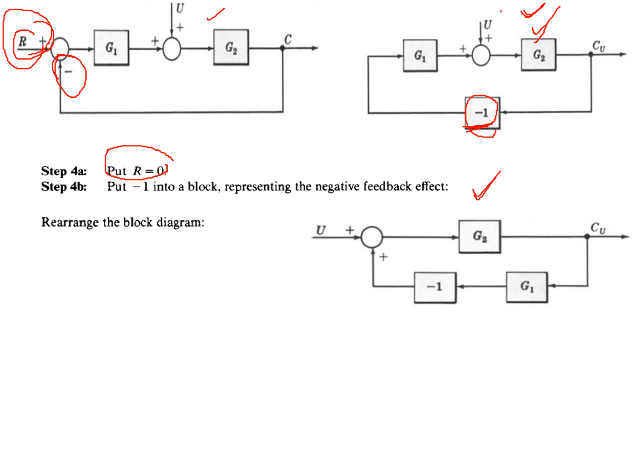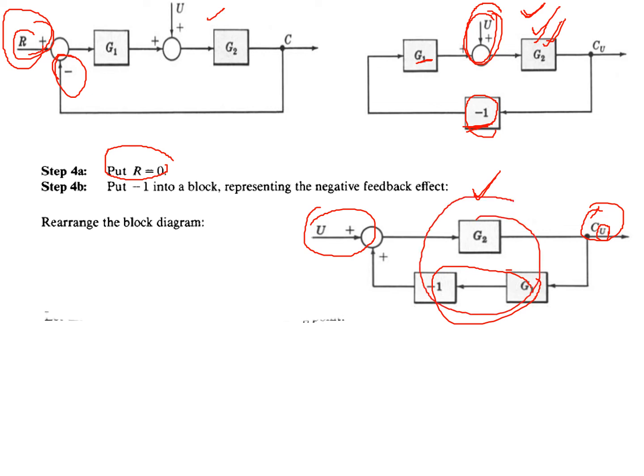That is, we consider this input as the initial point. By considering this input as the initial point, we have G2, then G1 into -1, and the output is C_U. C_U is nothing but the output due to the input U. Then this is the positive feedback, or here we have negative, meaning it is the negative feedback.